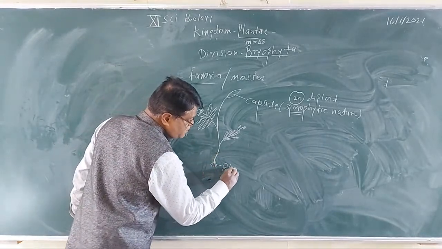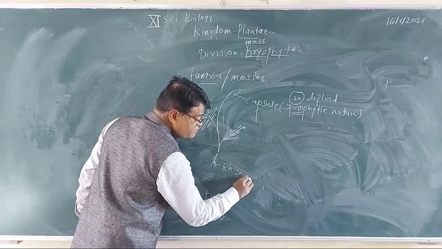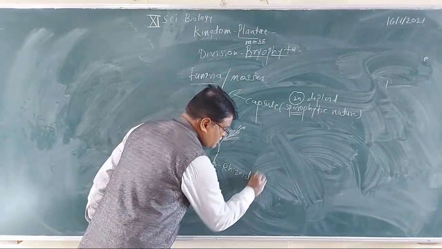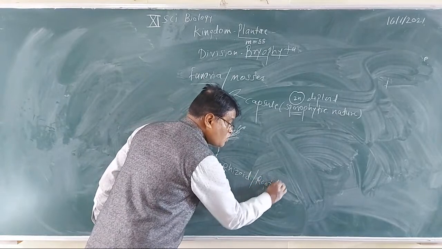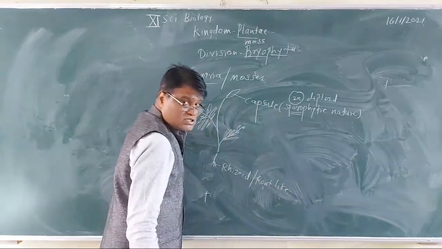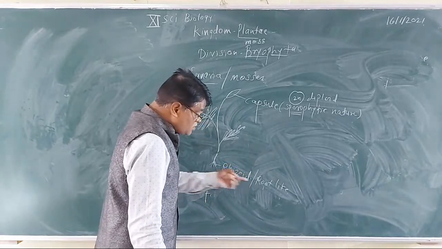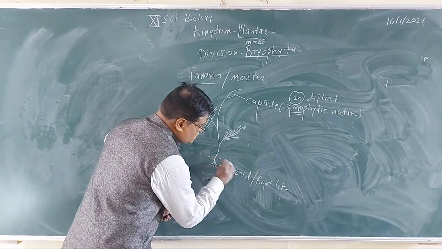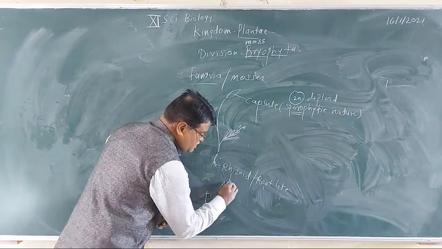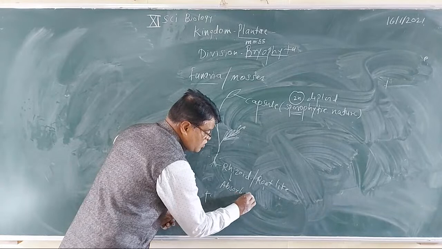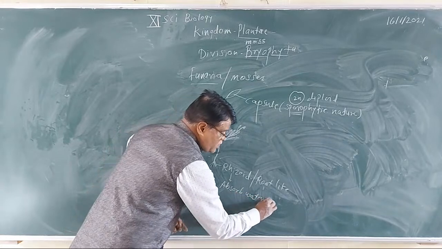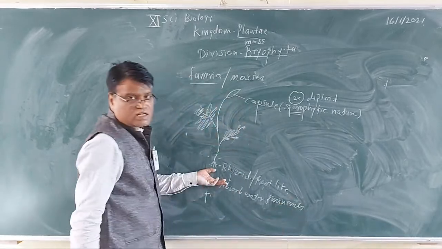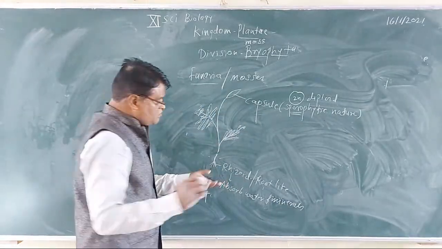This one is the rhizoid. We find here a root-like structure. We say root-like structure, isn't it? Very thin. Root-like structure, nothing but called the rhizoid. This is the rhizoid, whose function is to absorb water and minerals. Okay. Understand? Very simple thing.